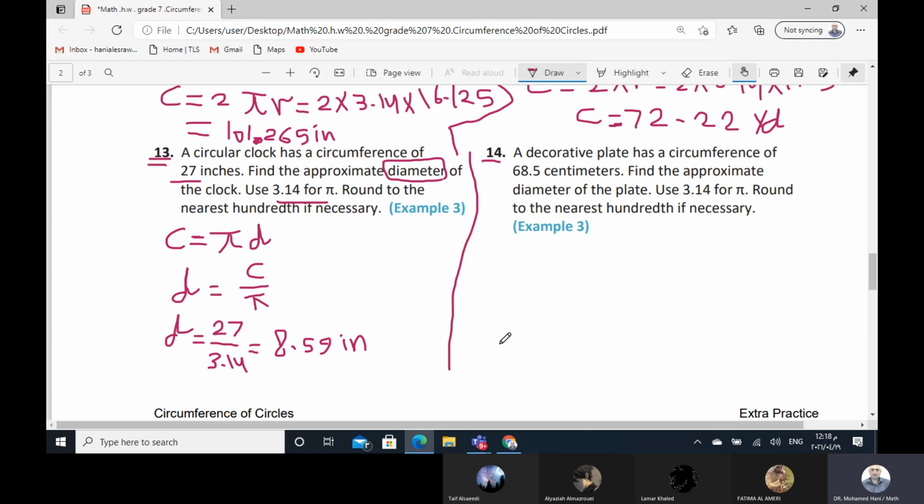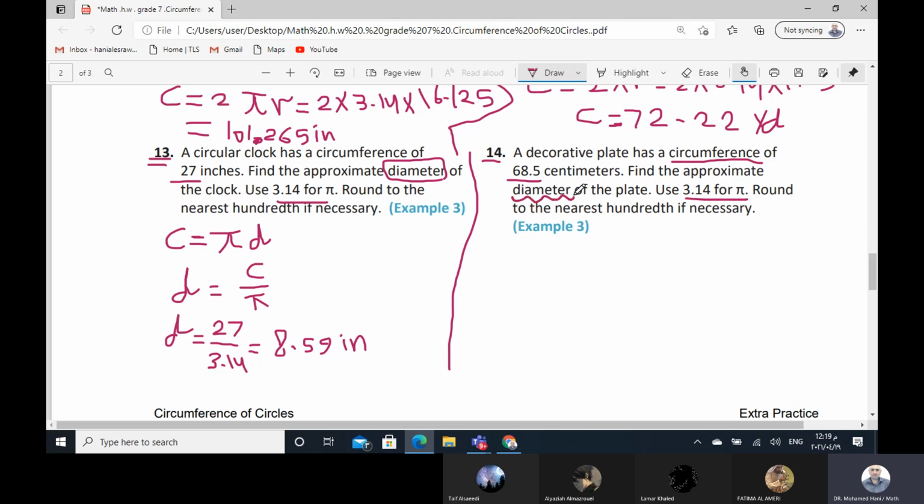Find the approximate diameter of the plate. Use 3.14 for pi. Round to the nearest hundredth if necessary. Thank you. So as you see here, we have the circumference equals 68.5 centimeters, and we know the pi, and we want to find the diameter.